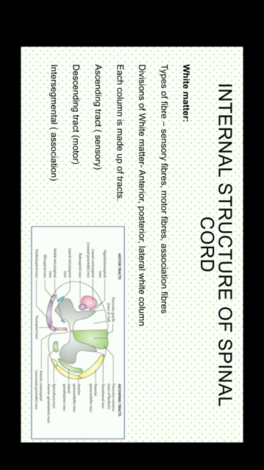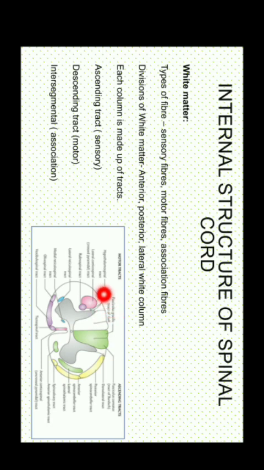Basically these tracts are divided into ascending tracts, descending tracts, and intersegmental. What do you understand by ascending? The fibers which are ascending within the spinal cord. Which fibers do you expect to ascend in the spinal cord?